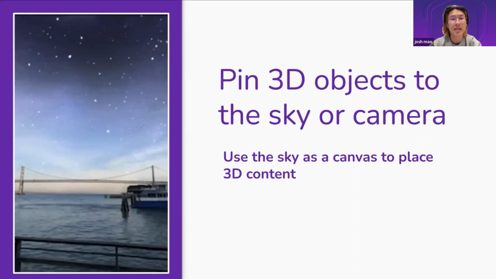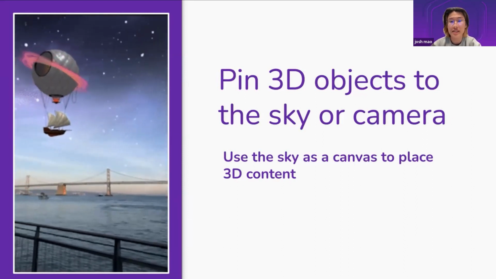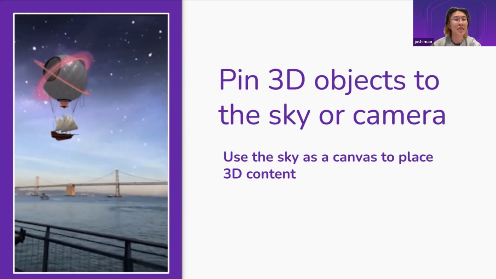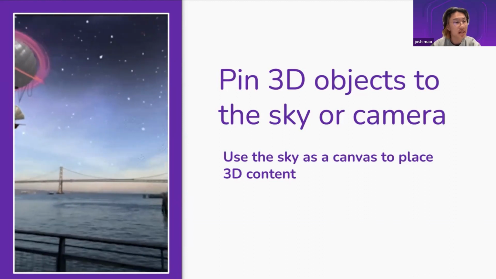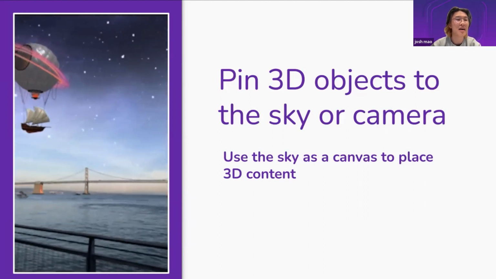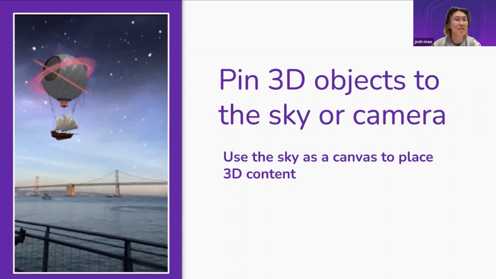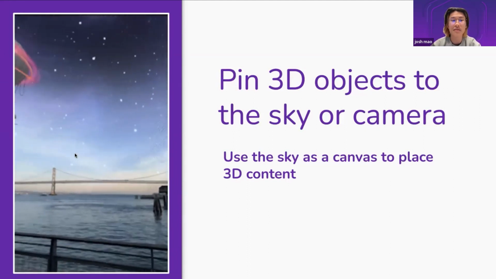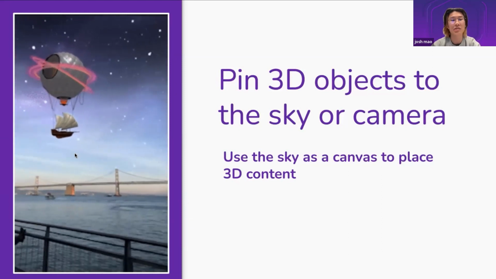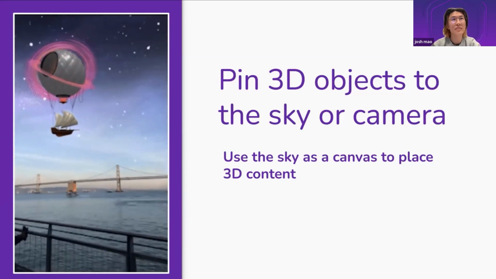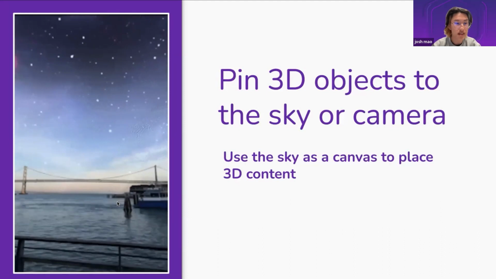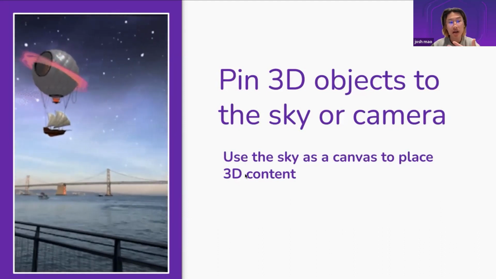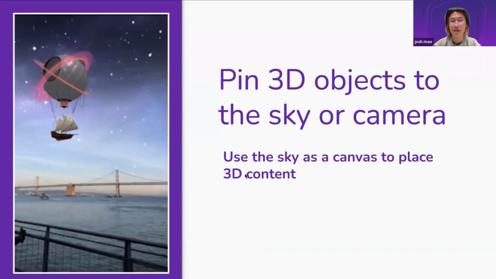Another capability is that you can now pin 3D objects to the sky. So you have this Niantic airship here, which is pinned. This example doesn't really show it being occluded by the foreground, but if you have any mountains or buildings or bridges like this one that are in front of this object, you'll actually see it being occluded by that foreground.